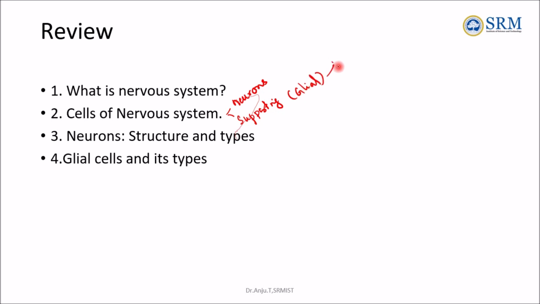So we talked about the types of these glial cells and their function. Here neurons are the major cells, so we have studied the structure of the neurons and the types of neurons. And again we talked about the glial cells and their types.